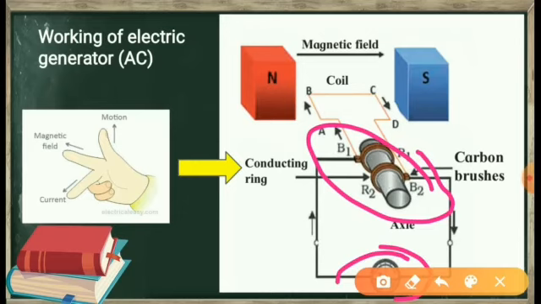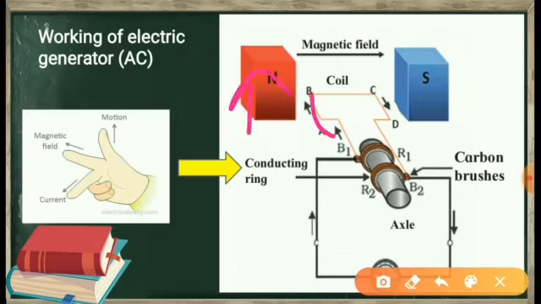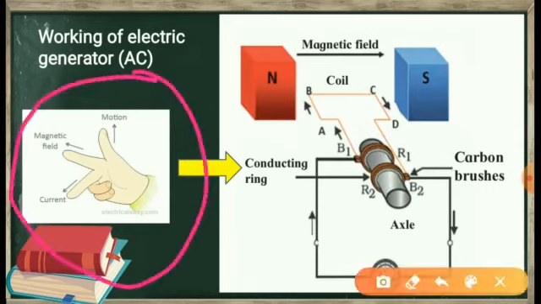Upon rotating the axle, the branch AB goes up and the branch CD goes down. That is, the coil ABCD rotates in the clockwise direction. So from this you can say, according to Fleming's right hand rule, the electric current is produced in the branches AB and CD and the current flows through them.